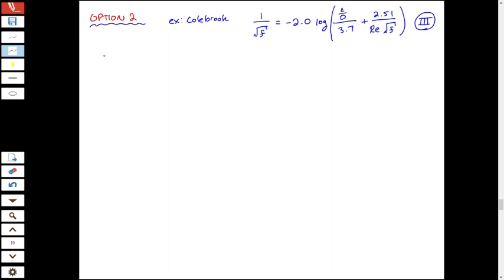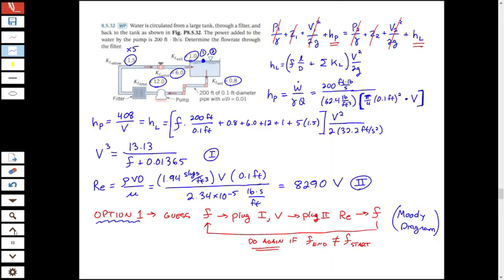So I would say it would combine equations 1, 2, 3, and solve for a root to find velocity, because that's ultimately what we're trying to find. So those are the two options that you have. And this is where you would need either some type of software or some type of iterative process. So it's not going to be a straightforward method of doing this.